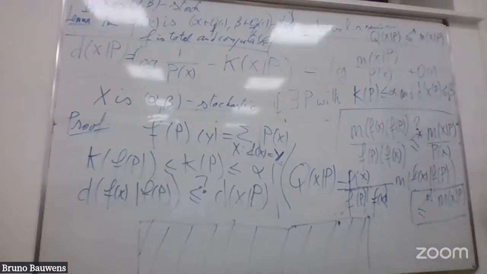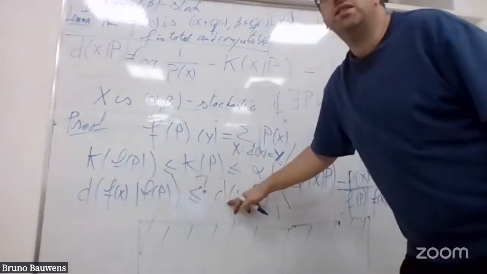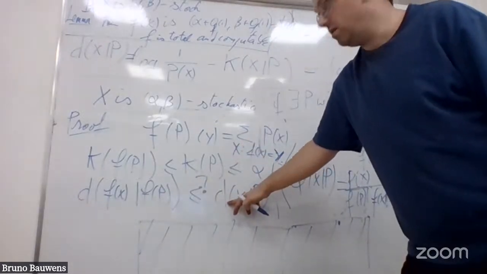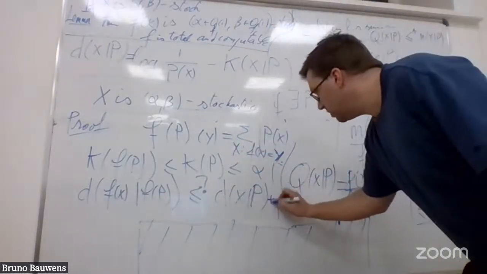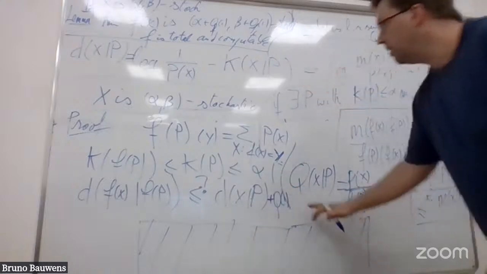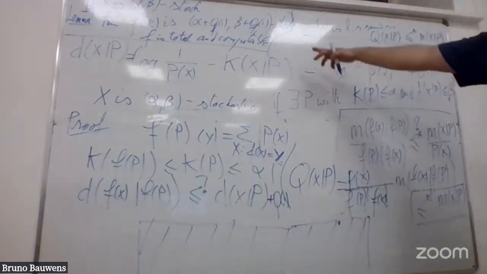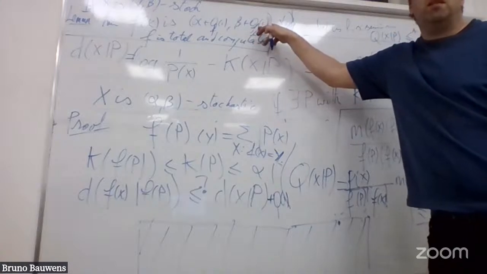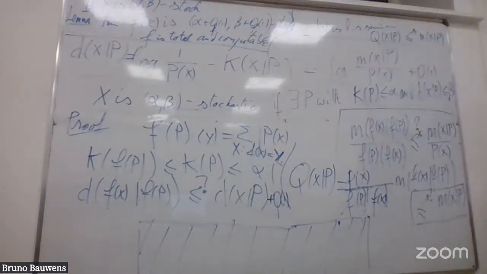And then you need to remember that this inequality was precisely saying that this deficiency is smaller than this thing here, up to O of 1. So there was plus O of 1 here. But this is okay because in the lemma we have O of 1 here. So when we have these two properties, semi-measure and Lower semi-computable, then we are good.